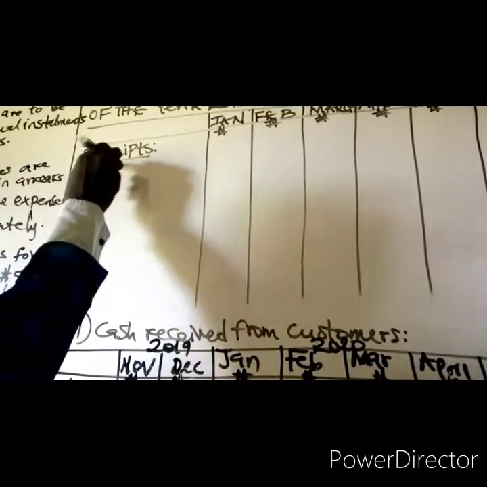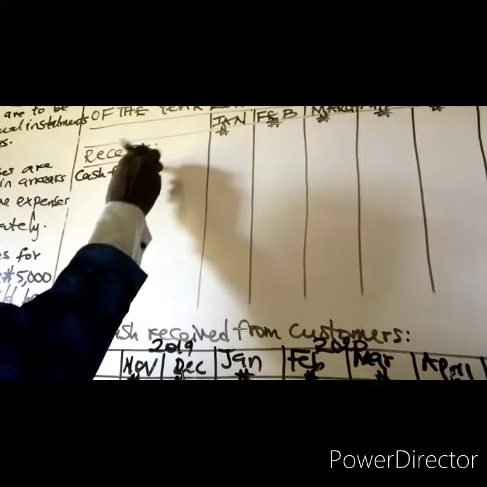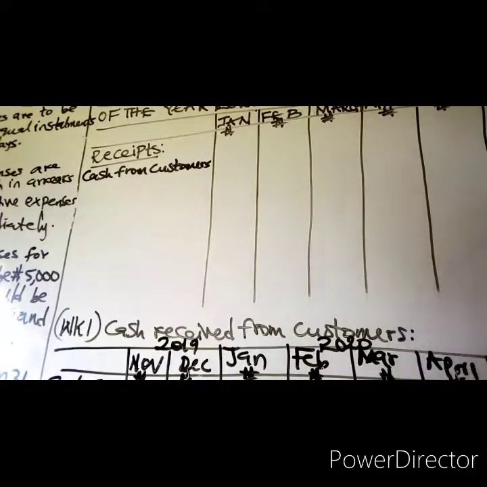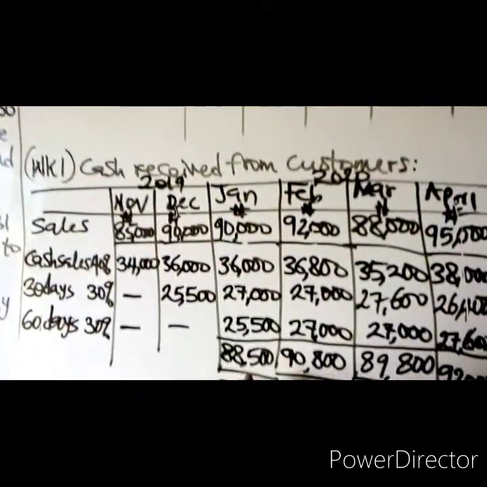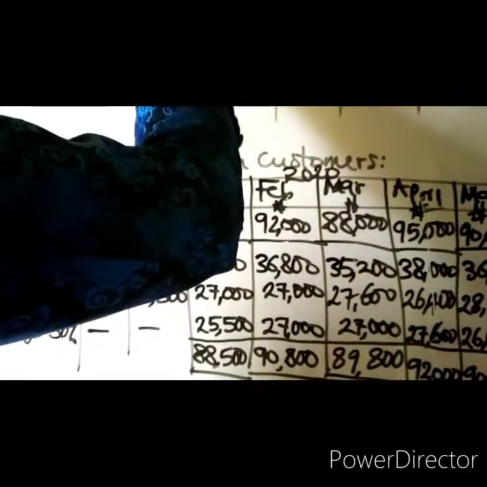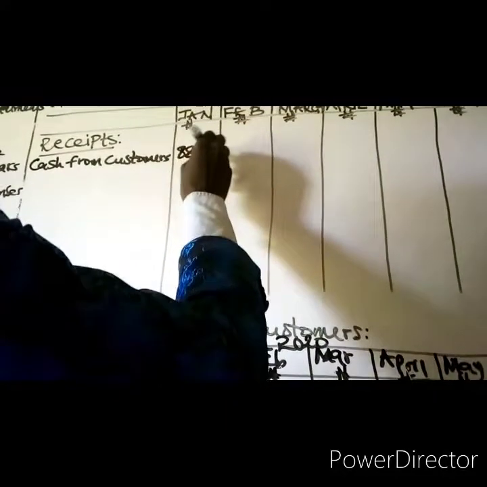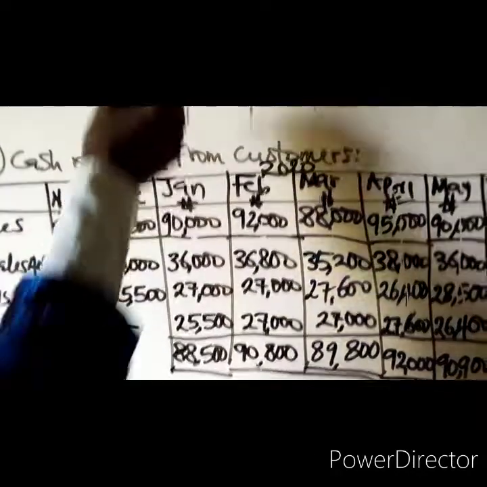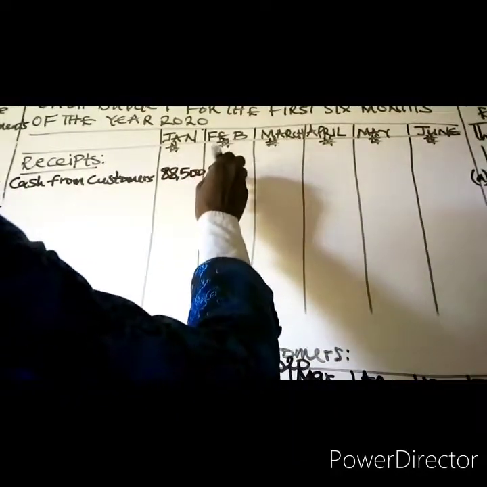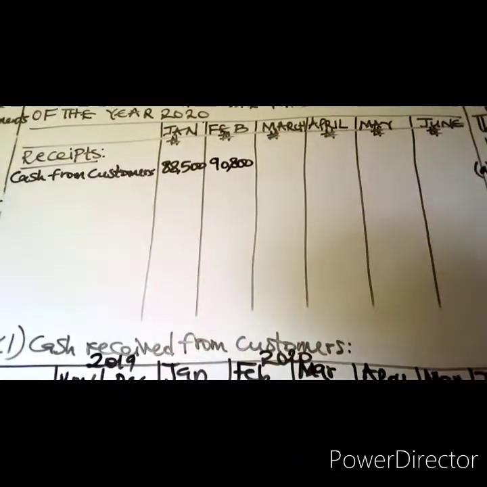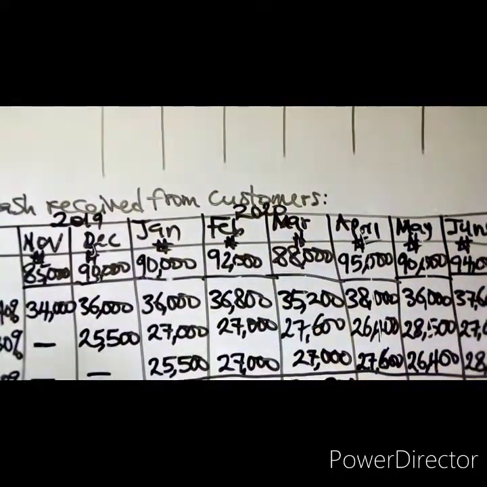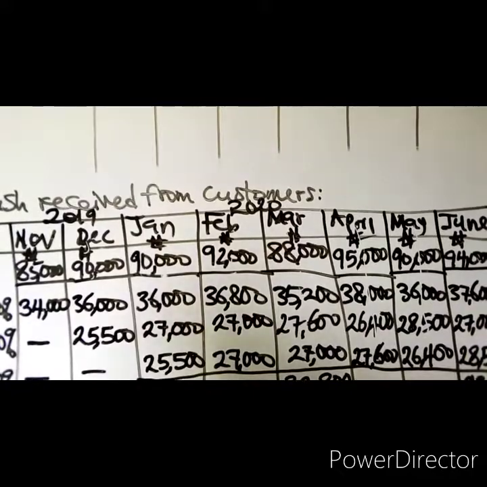Cash from customers. So we have January 88,500. February we have 90,800. Then March we have 89,800.